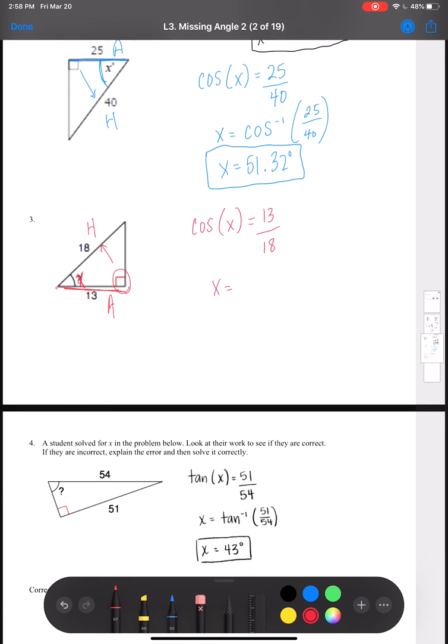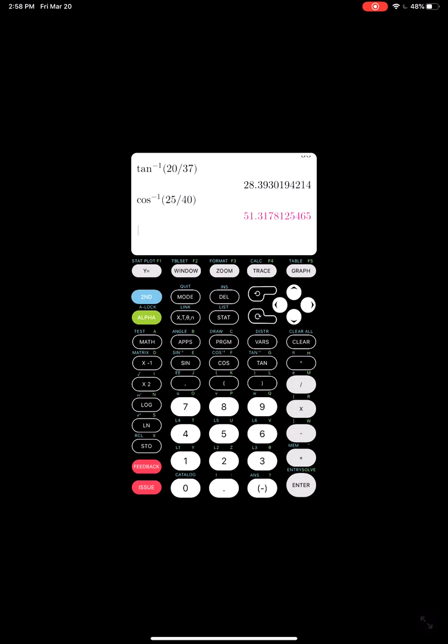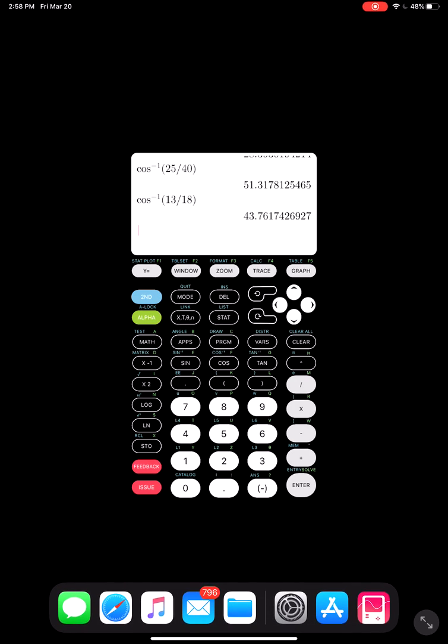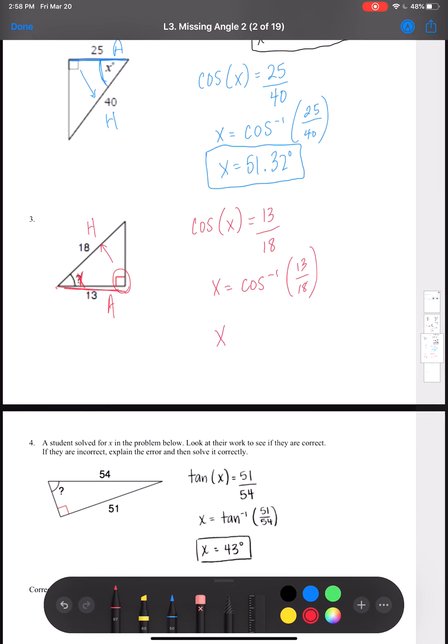And therefore x is equal to the inverse cosine of 13 divided by 18. Go to our calculator. Cosine 13 divided by 18. 43.761, so that's 43.76.